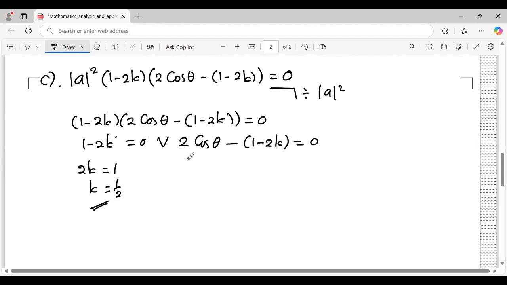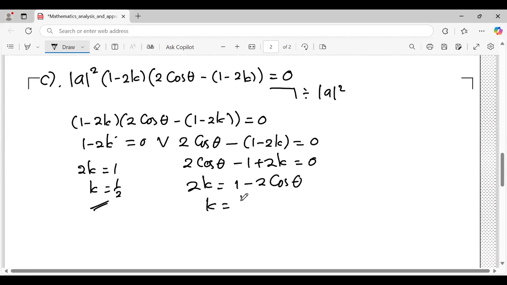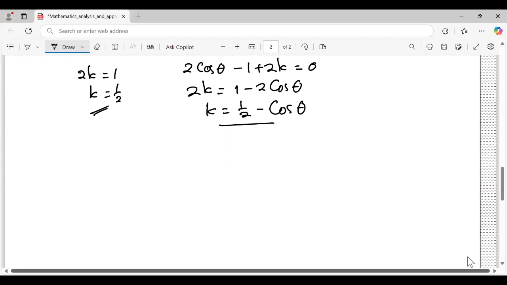Now this one, 2 cosine theta minus 1 plus 2K equals 0. So 2K equals 1 minus 2 cosine theta. Yeah, correct, like this. So K equals 1 half minus cosine theta. Now we are going to use this solution. K equals 1 half minus cosine theta. Let's continue.